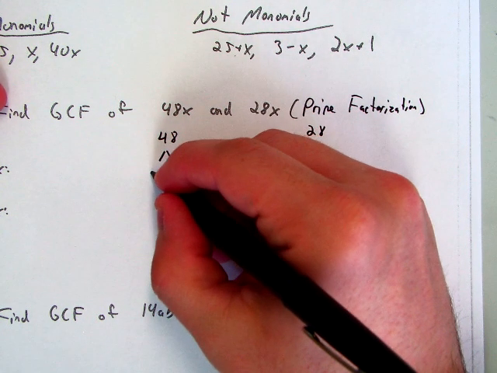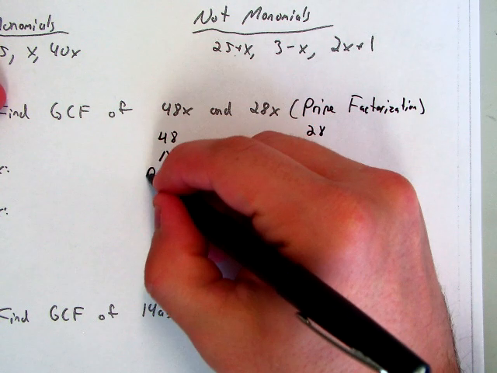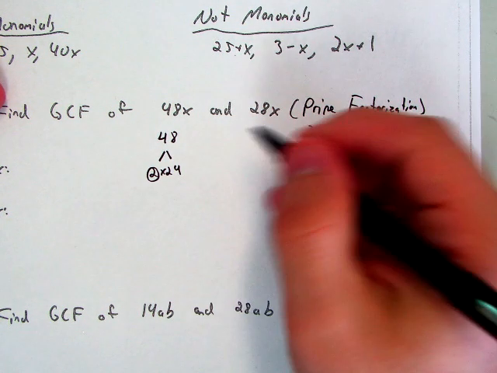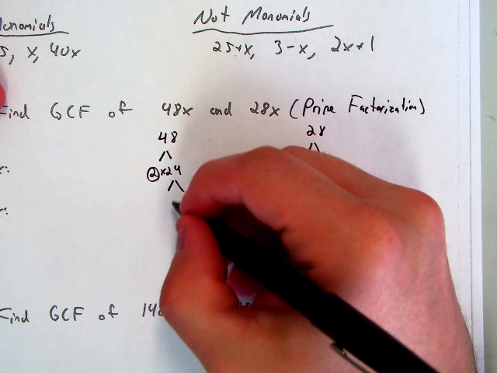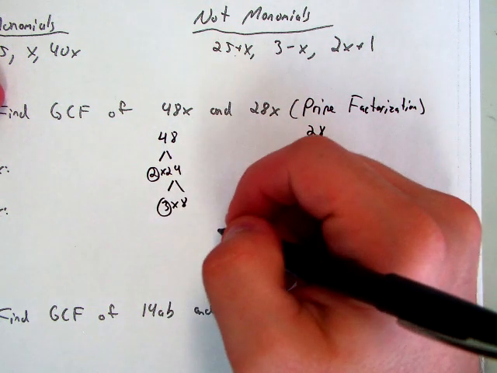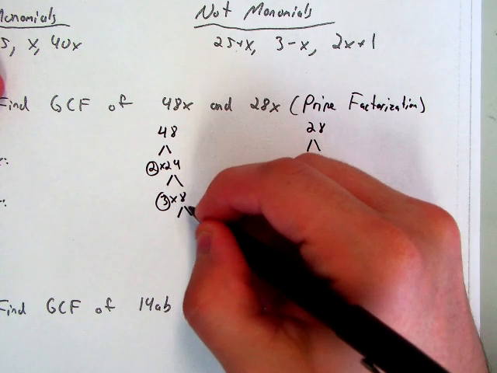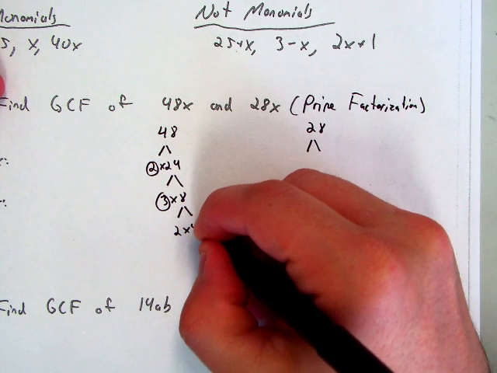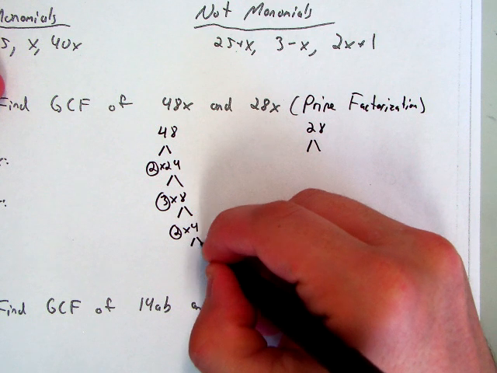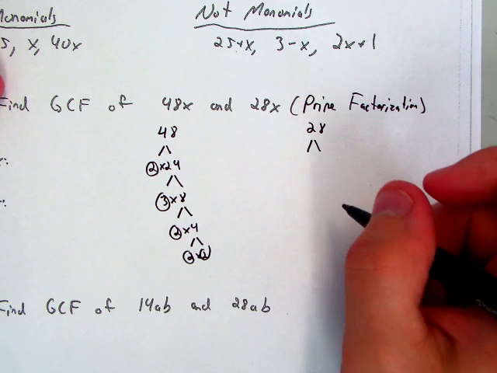So 48, I can do 2 times 24. 2 is already prime, so I'm going to leave it alone. Here, I can do 3 times 8. 3 is prime, so I'm going to leave that alone. For 8, I can do 2 times 4. 2 is prime, and then I can do 2 times 2, and both of these are prime.